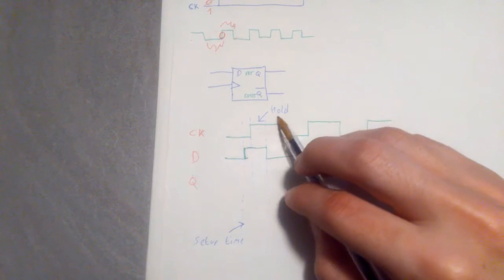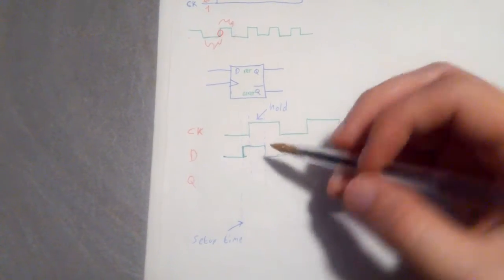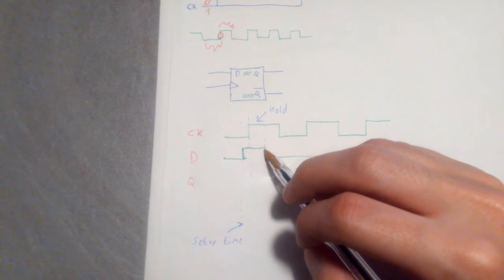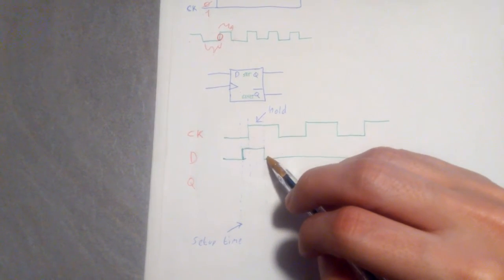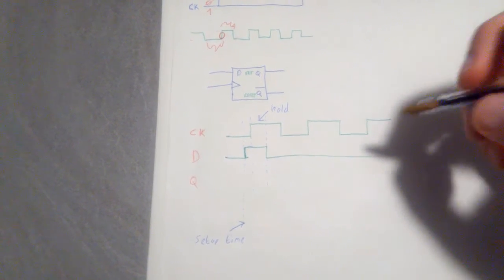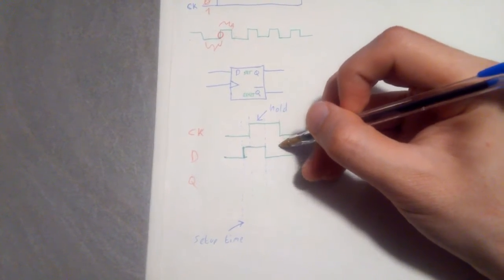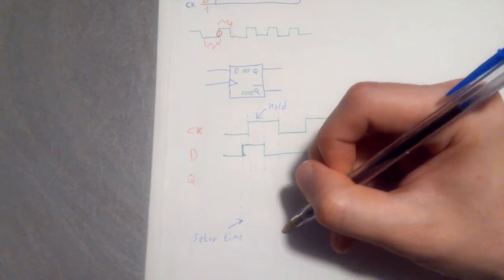So it's the time in which it's held, because the data is high and the clock is high, before it goes low.